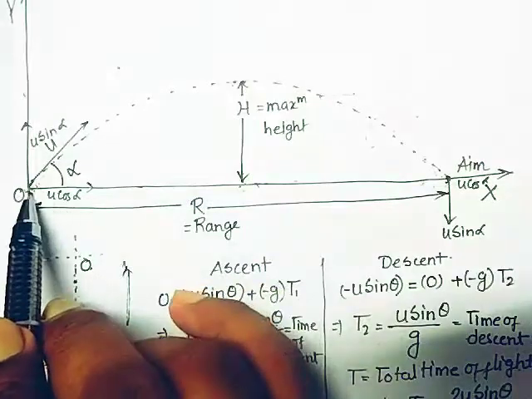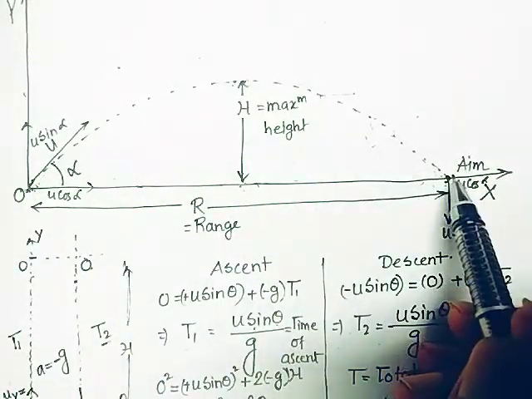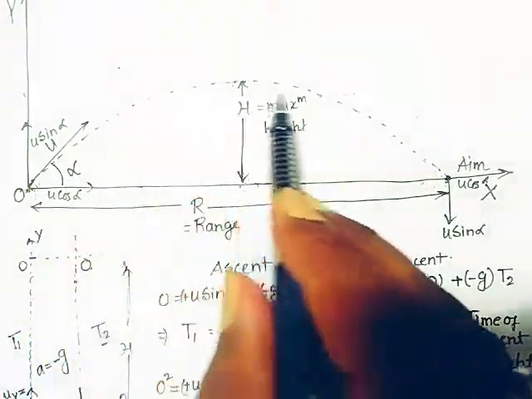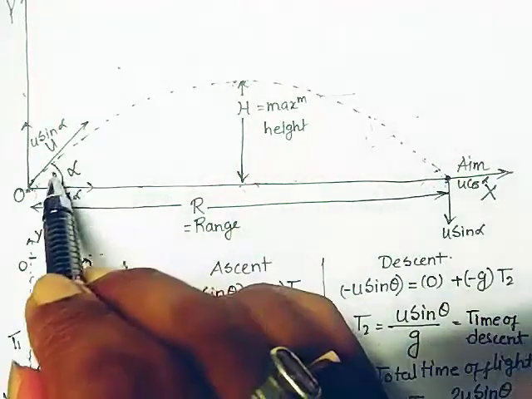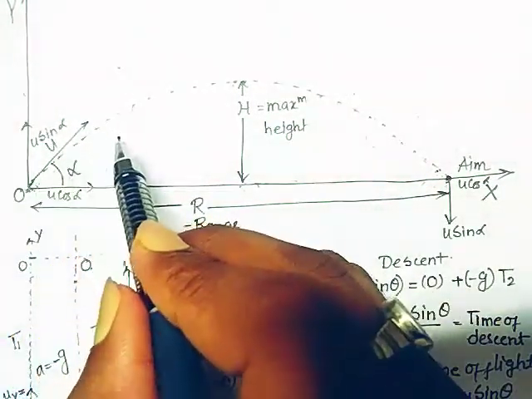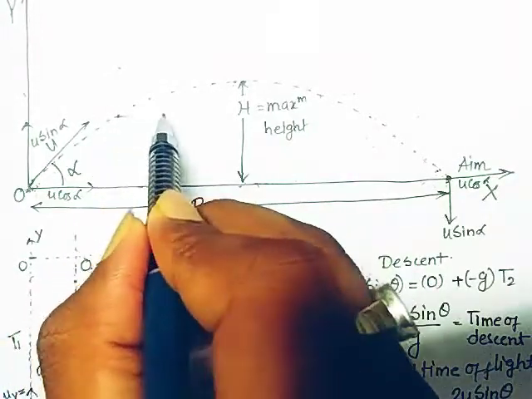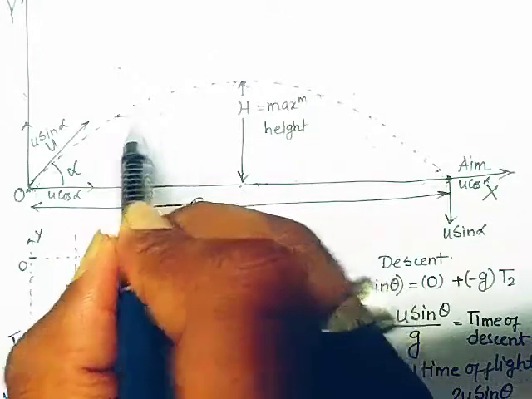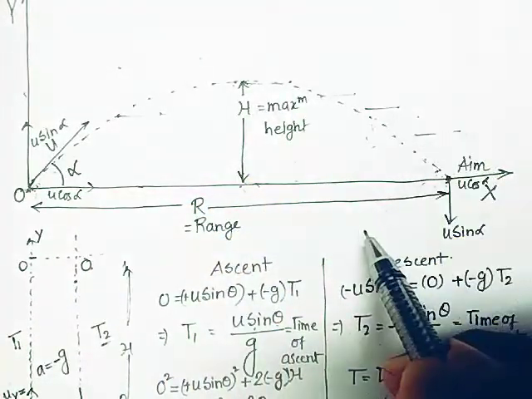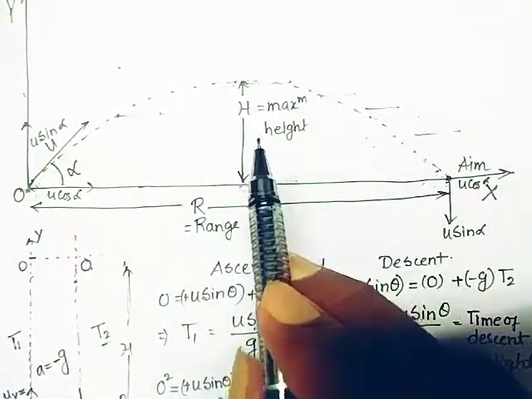So when it is thrown and when it is received here or strikes the aim, the total time of flight is capital T, and for this total time of flight, at each and every point, the u cos alpha is always pushing it in that direction.